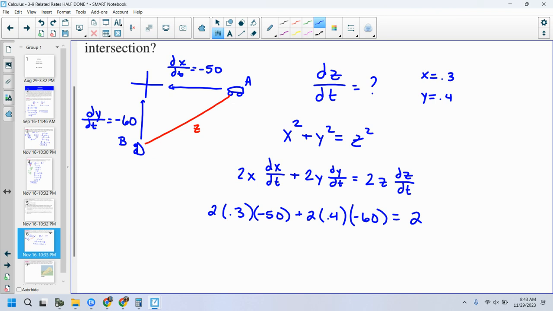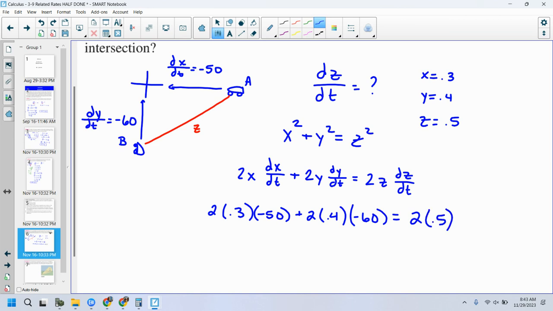At the instantaneous moment of 0.3 and 0.4, what is z? Well, that's a 3, 4, 5 triangle, 0.5, right? 0.3 squared plus 0.4 squared is equal to c squared. 0.3 squared is 0.09, 0.4 squared is 0.16. Add them together, 0.25. Square root, you get 0.5.